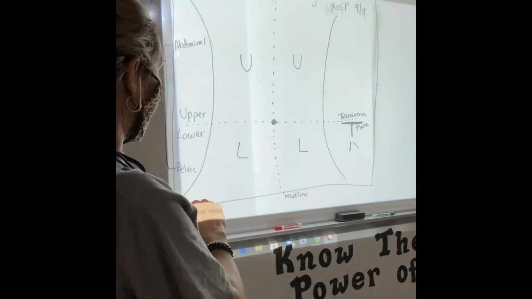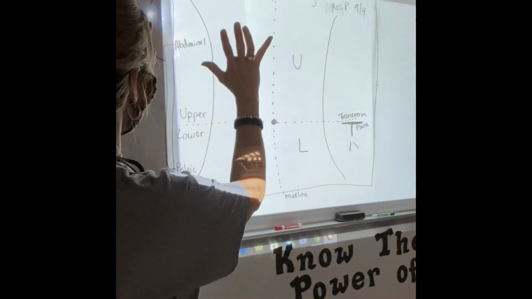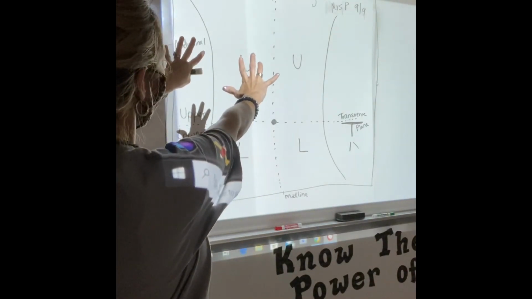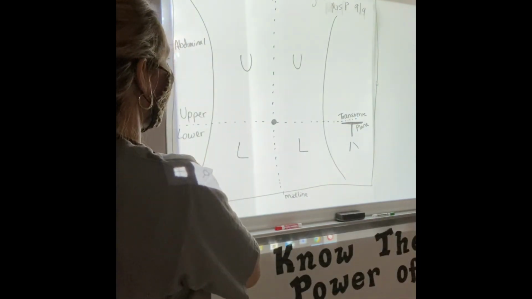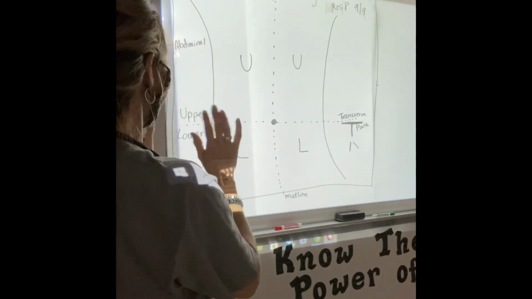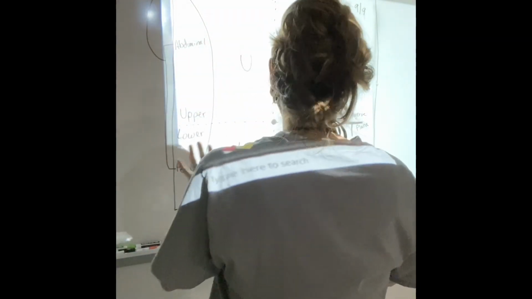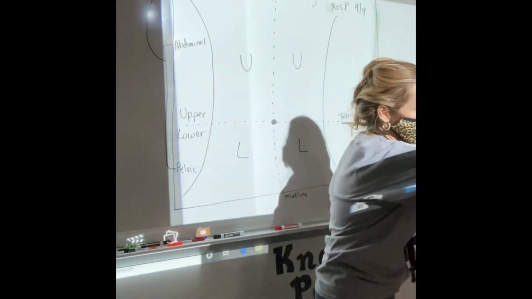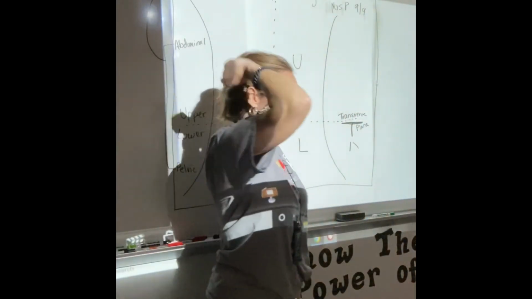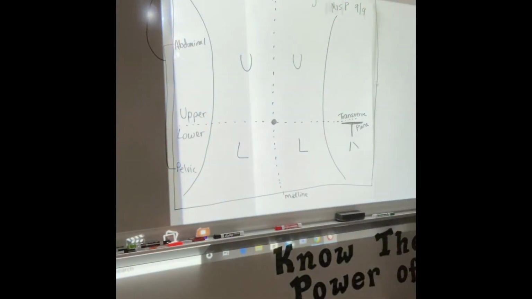Something else that we already know, when we're referencing any sort of anatomical dissection, images, all those things, we know that we have to give the directions in detail. So if I said, Diana, tell me how to get to Starbucks.